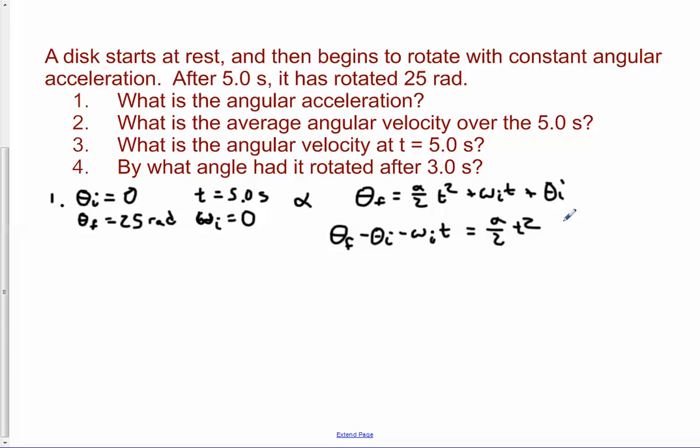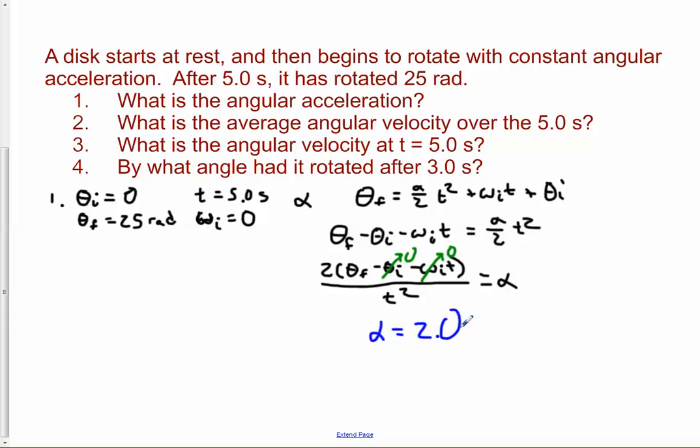I can multiply by 2, divide by t squared, and that gives me alpha. Then I can just plug everything in. I'm going to pause and work this out real quick and then come back. By the way, I should point out that this is 0 and this is 0, so they're not really even in the problem. And so it ends up being 2, I believe. Hopefully I did that right. I have 2 significant figures, so 2 radians per second squared is the acceleration.